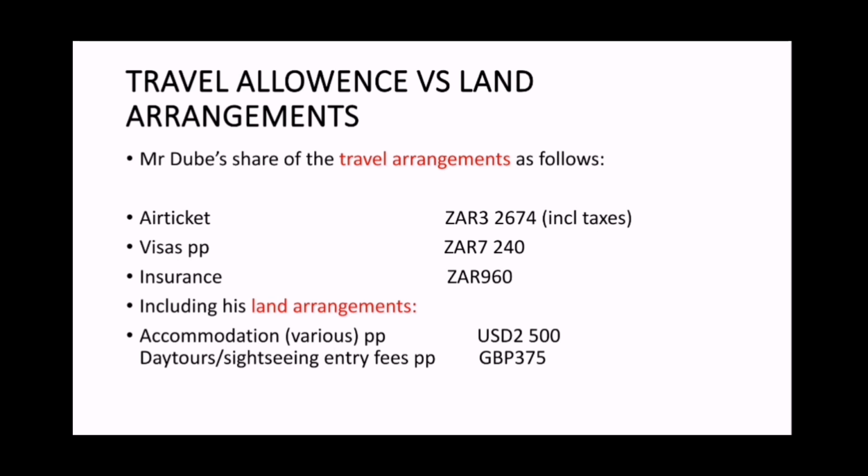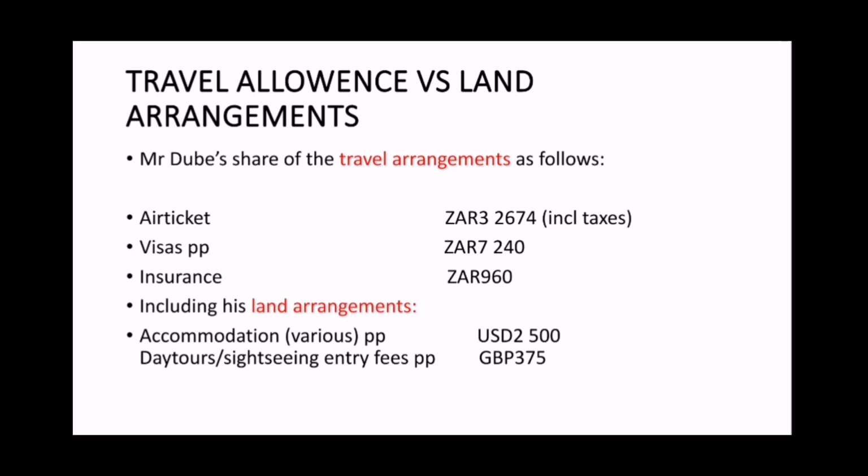So here is an example of travel arrangements versus land arrangements, which is also the same as your deductible and non-deductible arrangements, right? Here, the explanation that we saw in the previous slides for travel arrangements is everything that Mr. Dube is currently paying for.